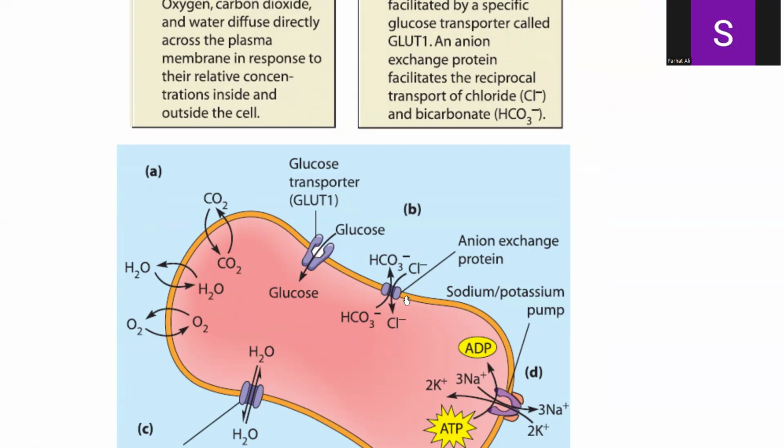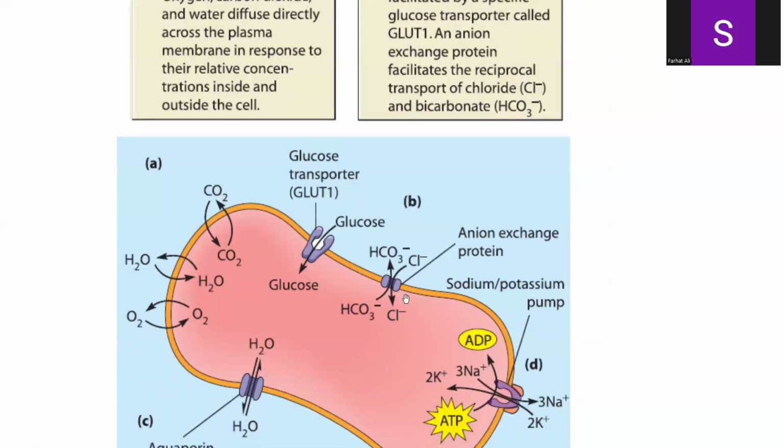This is sometimes also called the anion channel or the anion exchange protein because it exchanges two anions. This is important for the transport of carbon dioxide by the red blood cells. As carbon dioxide is transferred into the red blood cells, it is converted into carbonic acid, and carbonic acid dissociates to produce bicarbonate ions.